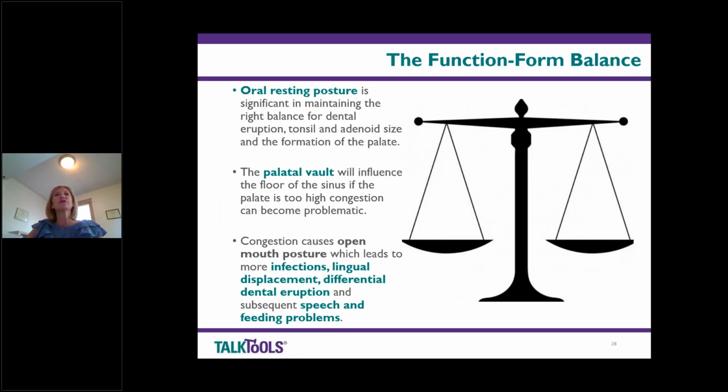So let's take a look. We're going to talk about the function-form balance, okay? Oral resting posture is significant in maintaining the right balance for dental eruption, tonsil and adenoid size, and the formation of the palate. I always thought mouth breathing occurs if your tonsils and adenoids are too big, but there is some school of thought that if you're mouth breathing for another reason, like a deviated septum or a tongue tie, your tonsils and adenoids become over-responsive, because your nose filters the air in the turbinates.